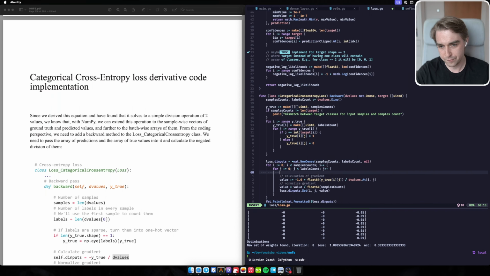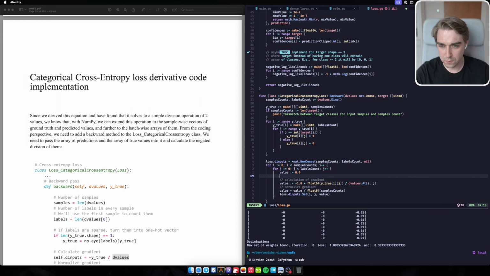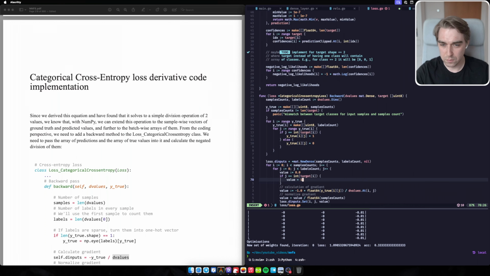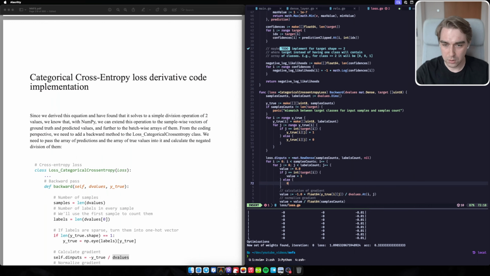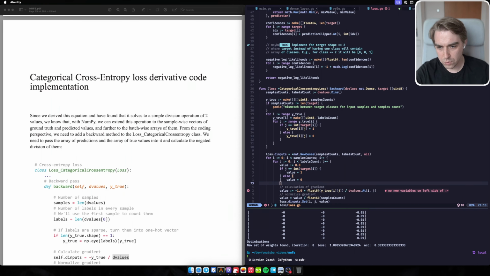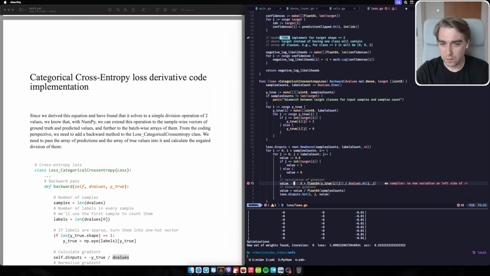So value actually can be 0 at first, and then if j equals, again, target I, then we assign value 1, then 0, right?